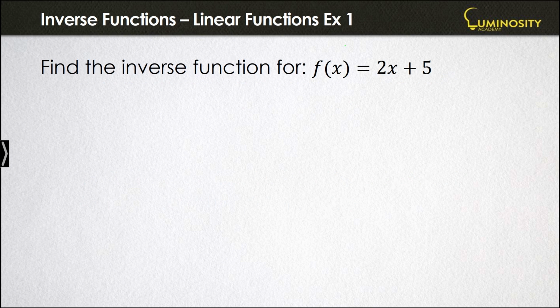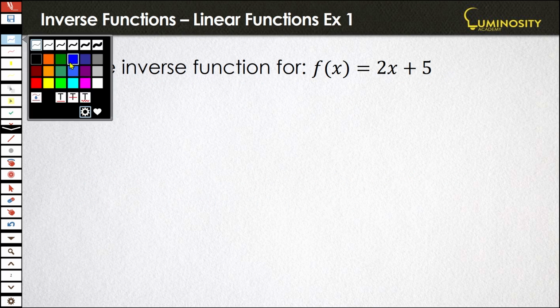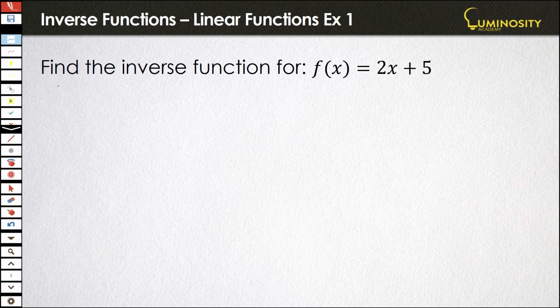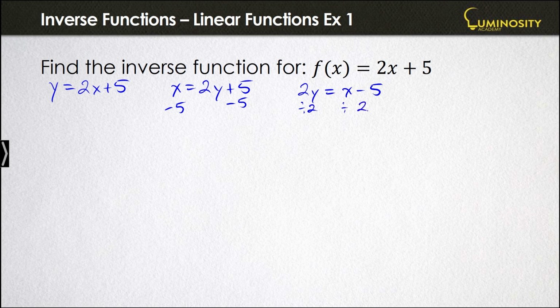We want to find the inverse function for f of x equals 2x plus 5. First thing we're going to do is say y equals 2x plus 5. Now we swap our x and y's. So we say x equals 2y plus 5. Now we just solve for our y. So we're going to subtract 5 from both sides, get 2y equals x minus 5, and then we divide by the coefficient.